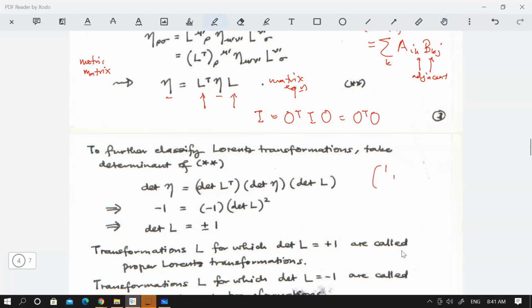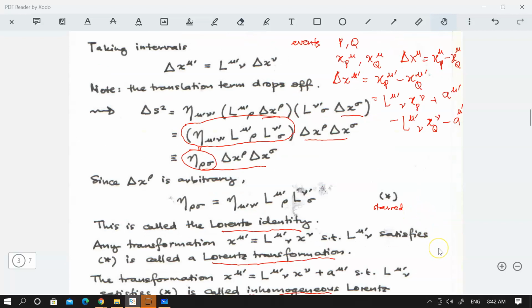Now the question is, what is the determinant of eta? Since this metric tensor is given by this kind of matrix, if you take the determinant, this minus sign gives you the determinant to be minus 1. So we have minus 1 equals minus 1 times determinant of L squared. In other words, determinant of L squared equals 1, so the determinant of L has to be plus or minus 1.